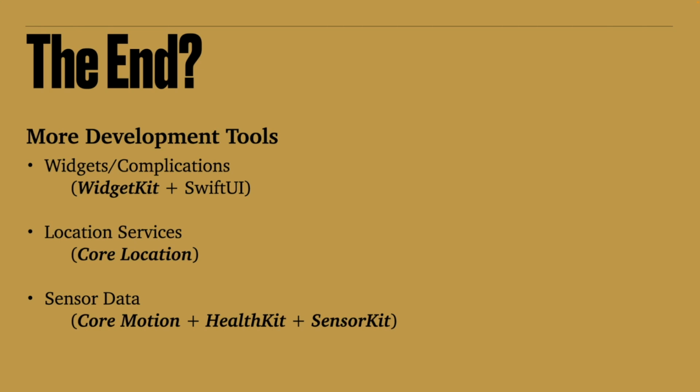So you might be wondering now, is this the end? Is this all we can do with this? Well, no, not really. There's actually a lot of places that we could take this connection service that we put together and apply it someplace else. We could use it with the widgets and the complications for the watch faces and the phone faces.